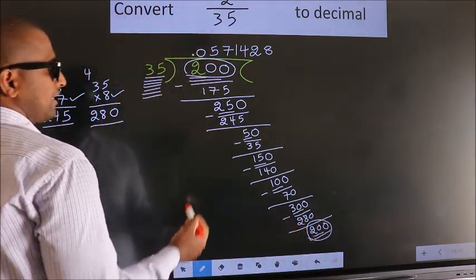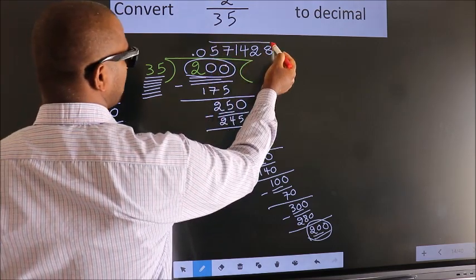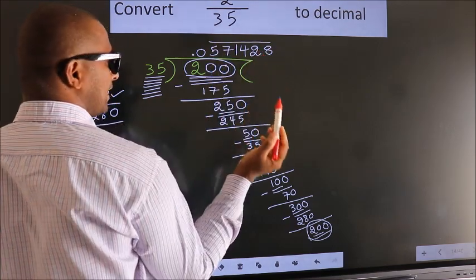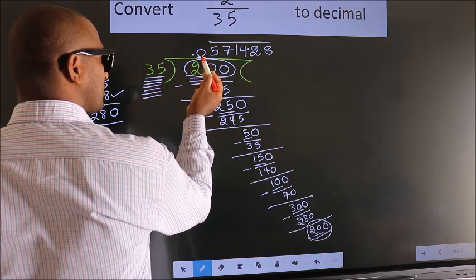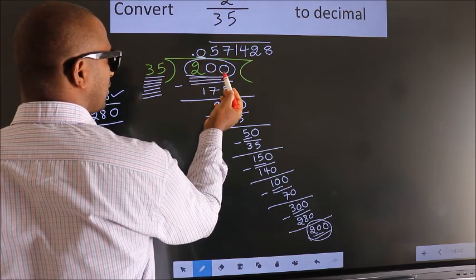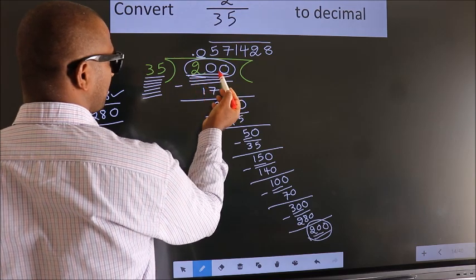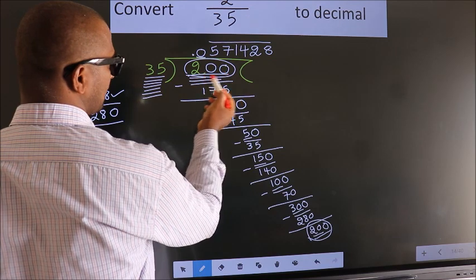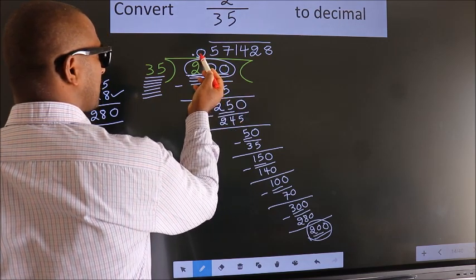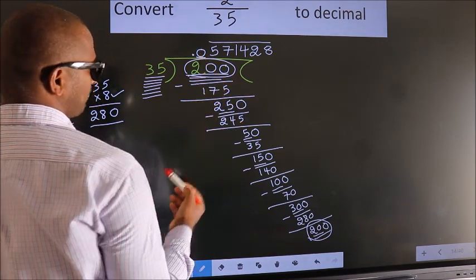That means we get bar on these numbers. Remember, you should not put bar on this 0 because after placing this 0 only we got 200. I repeat, after placing 0 we got 200. So do not place bar on this 0.